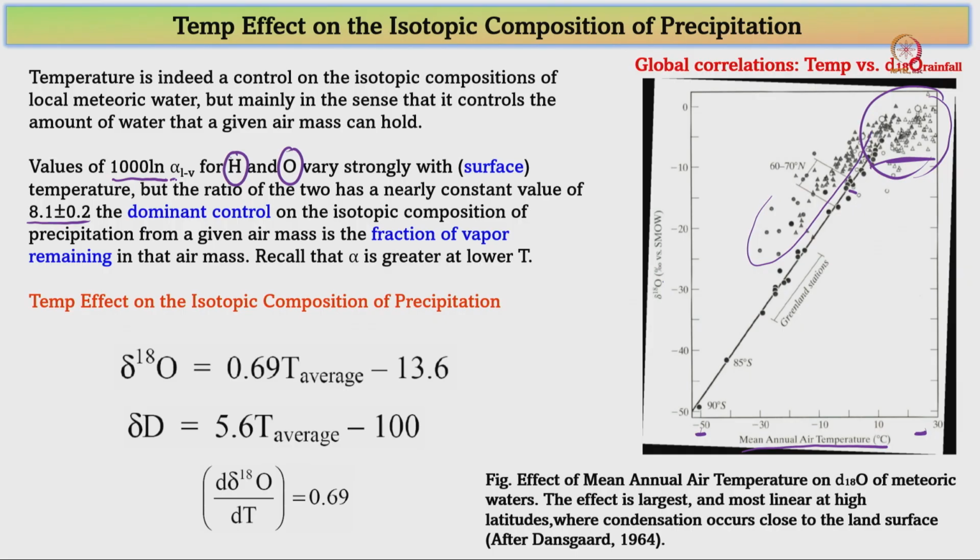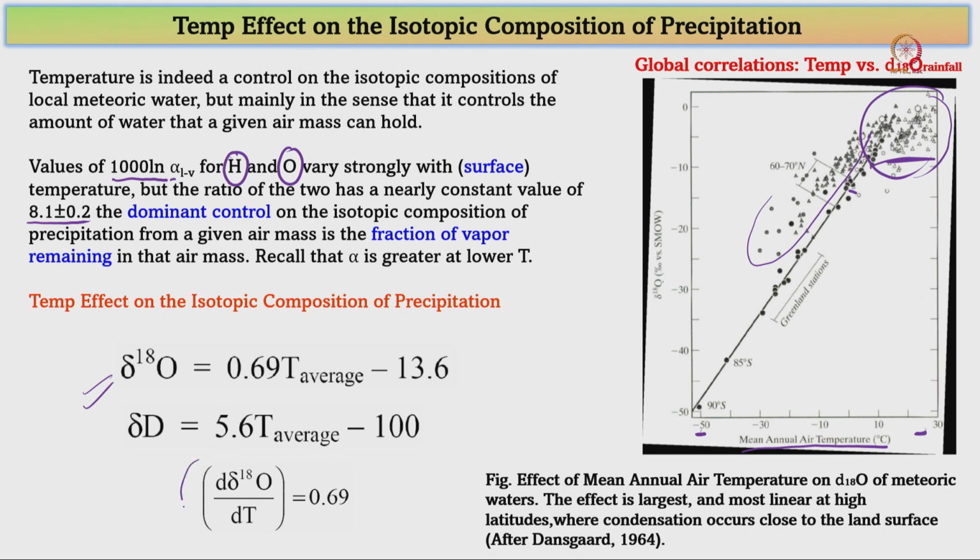Combining all these data sets, we have now got an empirical relationship. The delta 18O is equal to 0.69 times the average temperature of the region minus 13.6, and for delta D the relationship is 5.6 times the average temperature of the region minus 100.